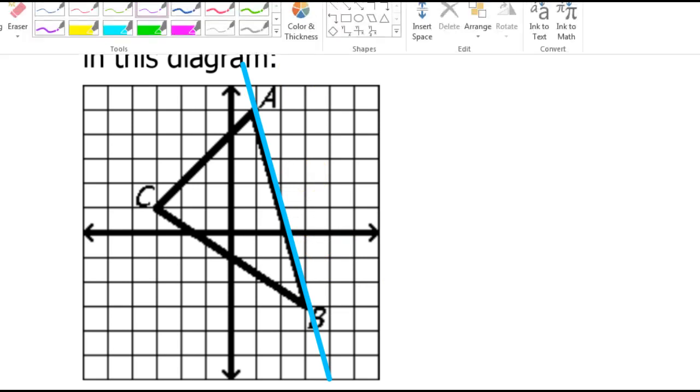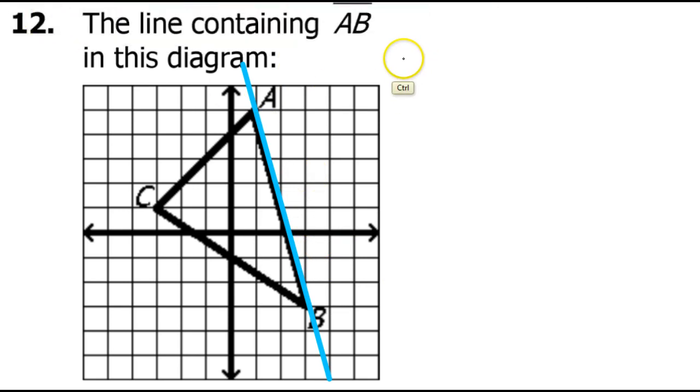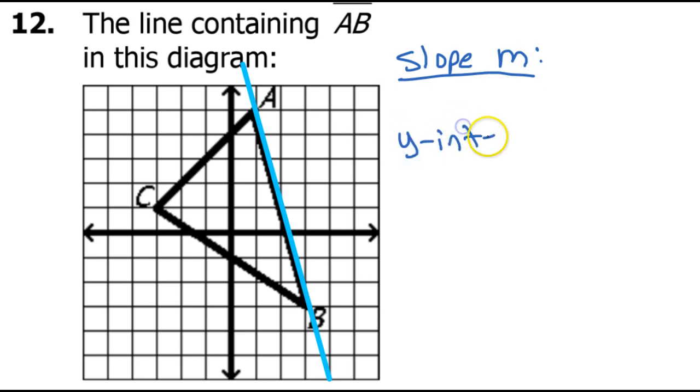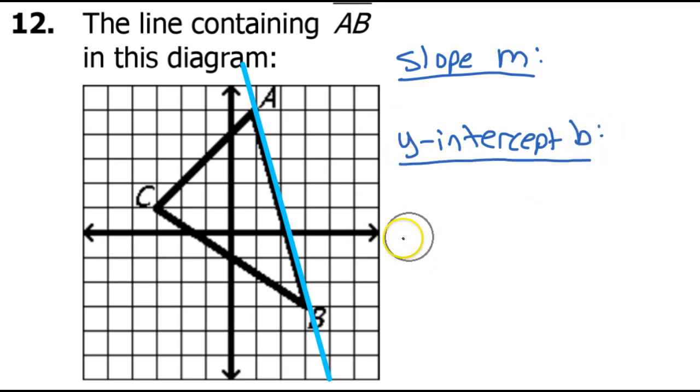All right, so we're going to do what we always do. We start by finding the slope, the slope m. And then we find the y-intercept, which is b. And then we can write the equation.